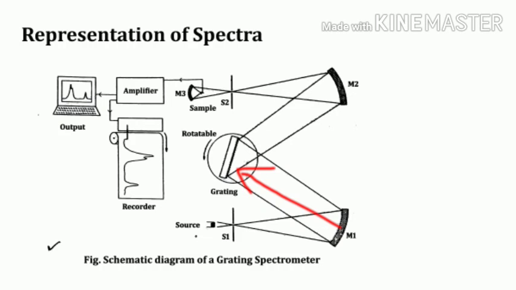When the grating is rotated, a succession of frequencies is swept across the mirror M2, from which it is focused to the slit S2. From S2, the radiation falls on M3 and then strikes the sample. After that, the emitted radiation is passed to the amplifier and then to the recorder, which generates the spectra.